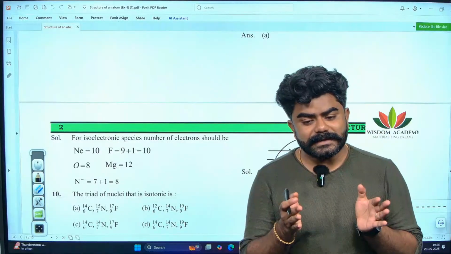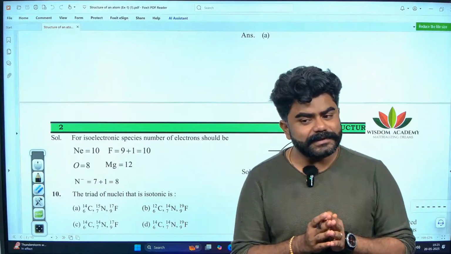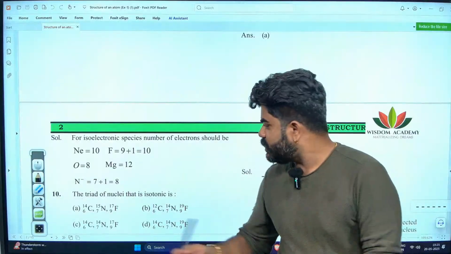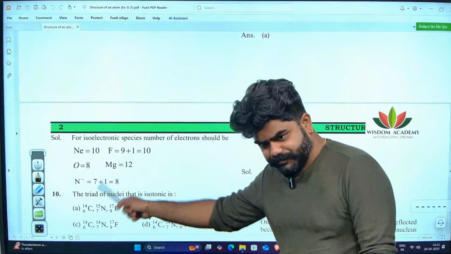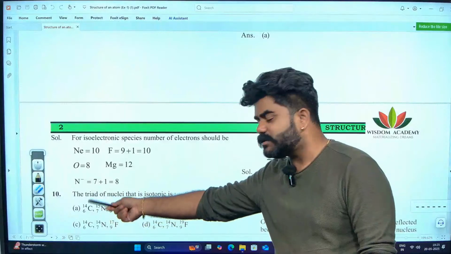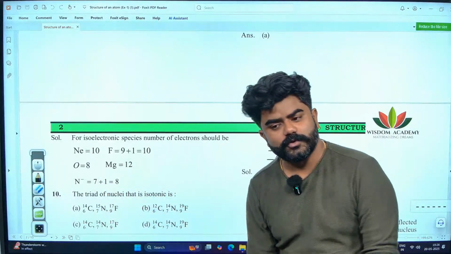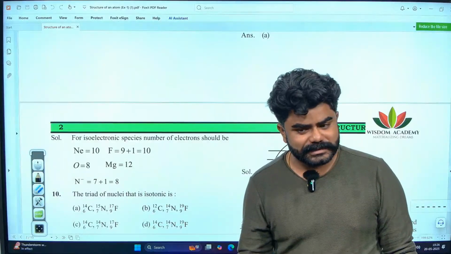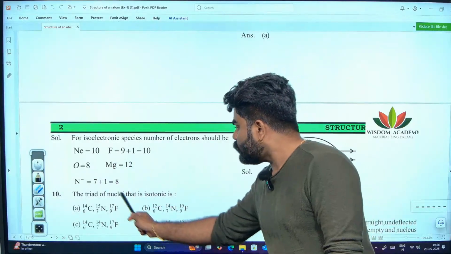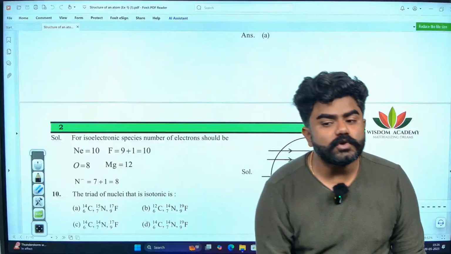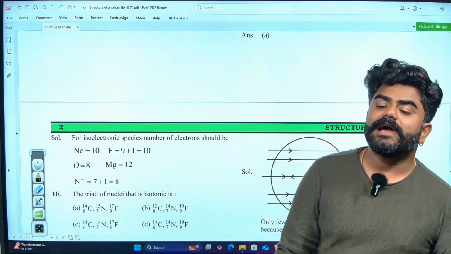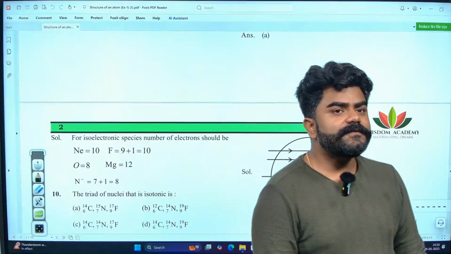Triad means a group of 3. In the options, A has 3 elements, B has 3, C has 3, D has 3, so all of them are triads. The triad of nuclei that is isotonic: isotonic means they will have the same number of neutrons.